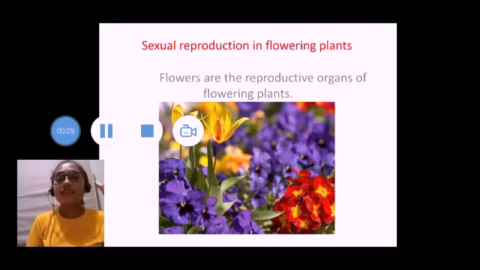Okay, let's see sexual reproduction in flowering plants in more detail. Flowers are the most important part in sexual reproduction in flowering plants. Flowers are the reproductive organ of a flowering plant.